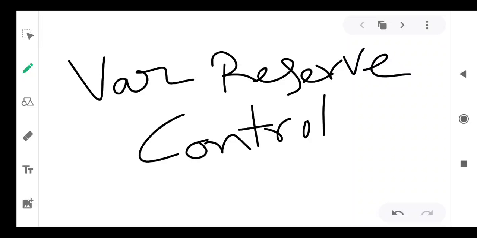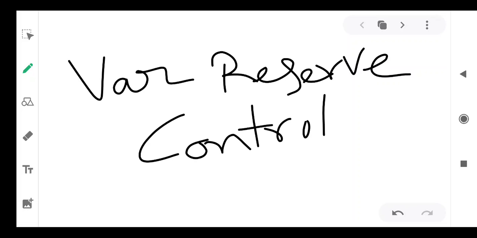In the VAR reserve control, what we will do is, the fast acting devices are used to control the voltage first during the faults as well as disturbances, and then slow acting devices are allowed to act in the meantime, and then that fast acting device SVG is brought back to the original position, so that SVG will have reserve reactive power control.